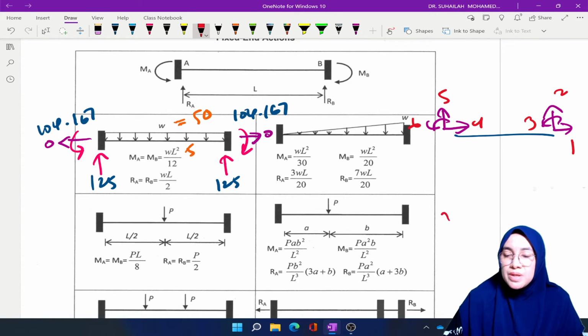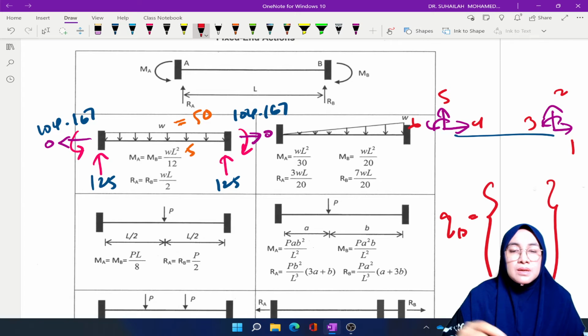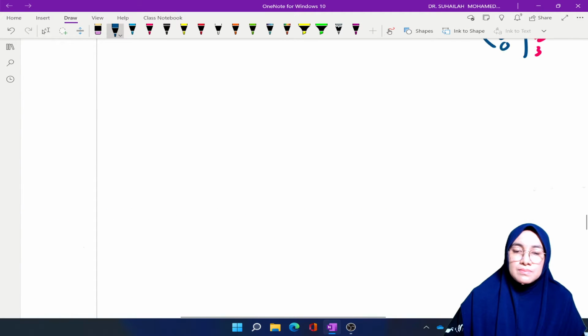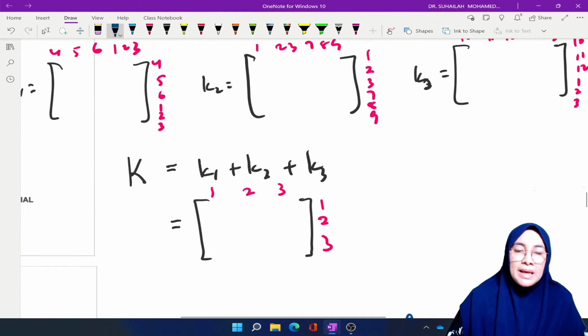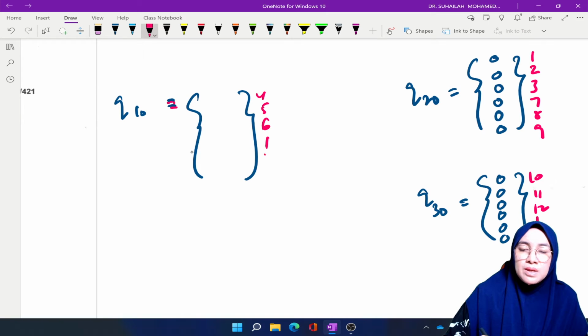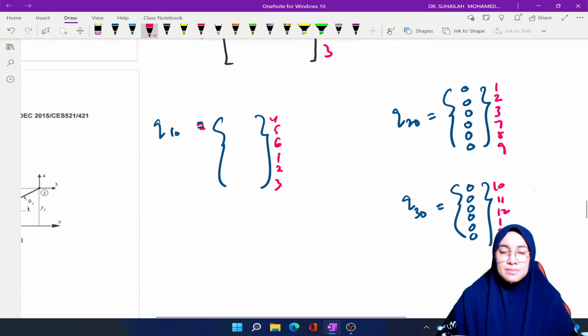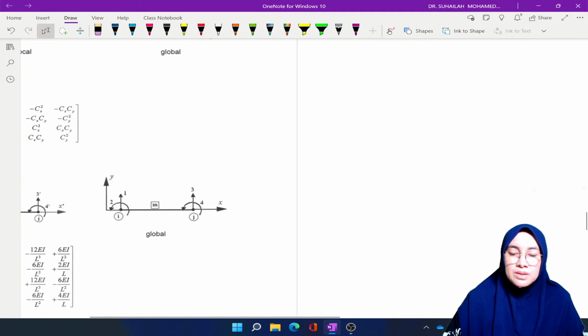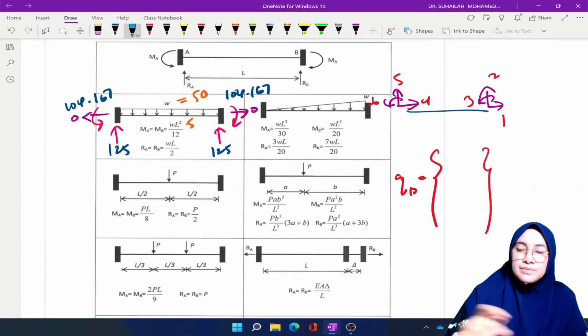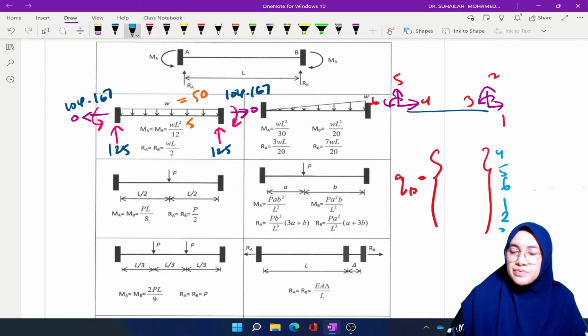So what we need to do is compare. We label it first. The label for K1 is 4, 5, 6, 1, 2, 3.